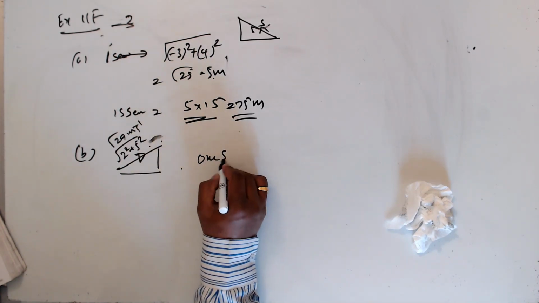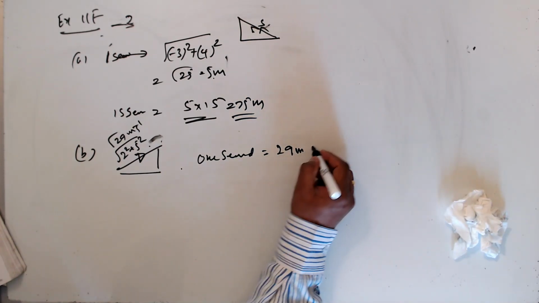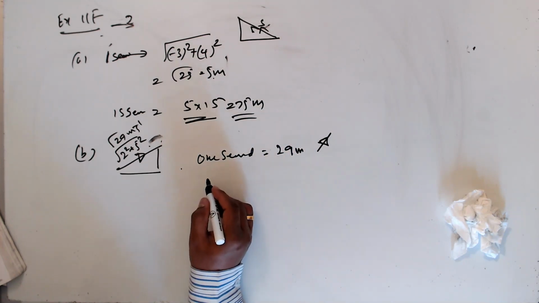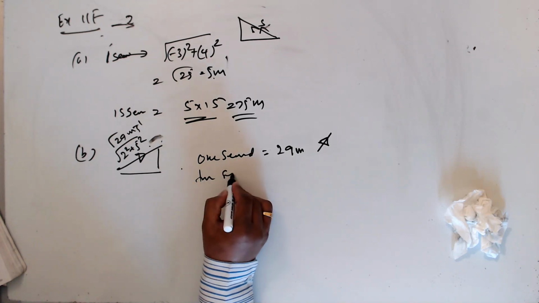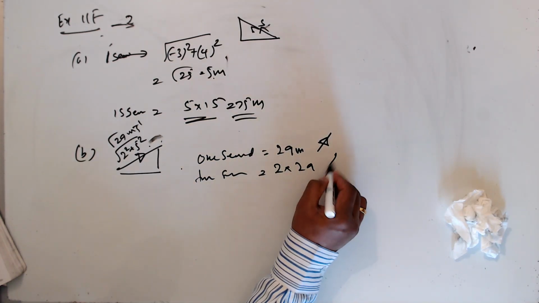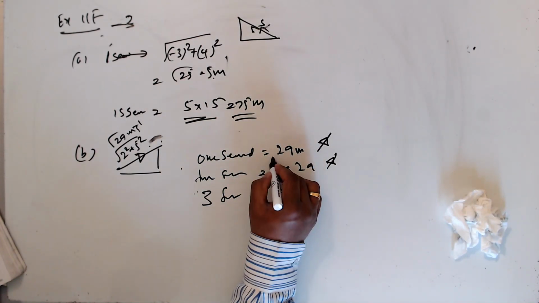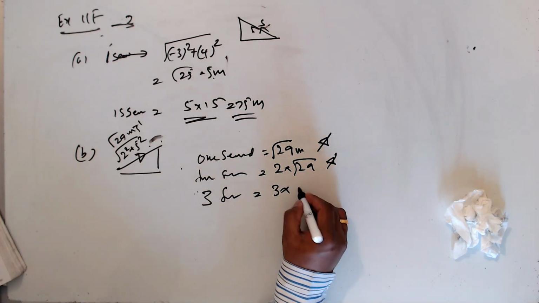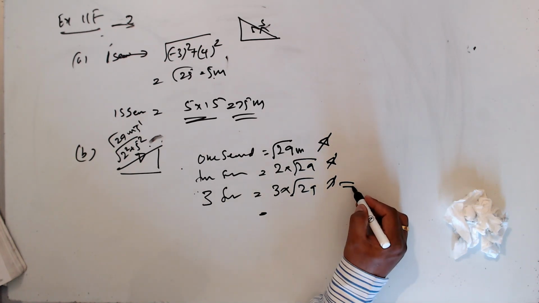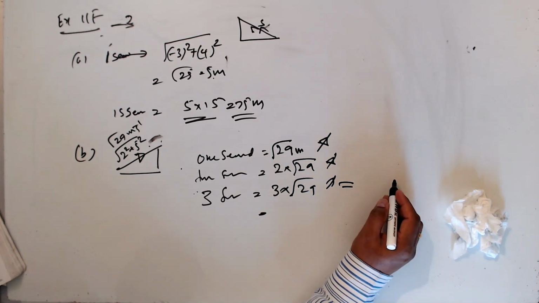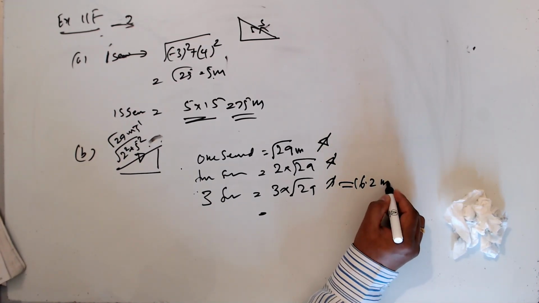For 1 second, you are going square root 29 meters in this direction. For 2 seconds, you are going 2 times square root 29. For 3 seconds, you are going 3 times square root 29 in this direction. This answer is going to be 16.2 meters.